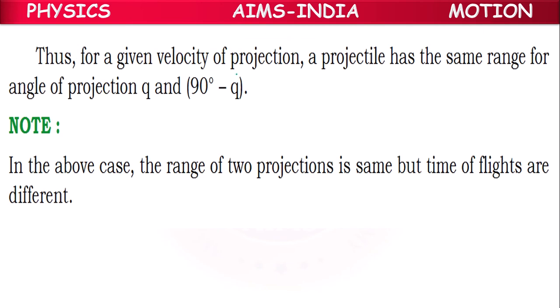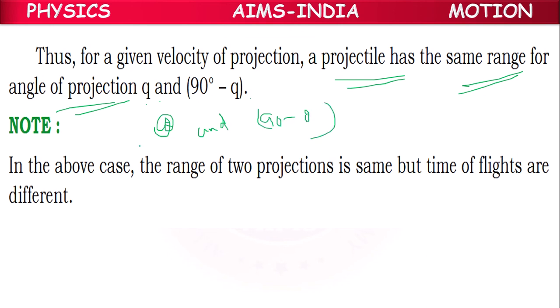Means a projectile will have the same range for angles of projection of theta and 90 minus theta. For these two angles, the projectile will have the same range.